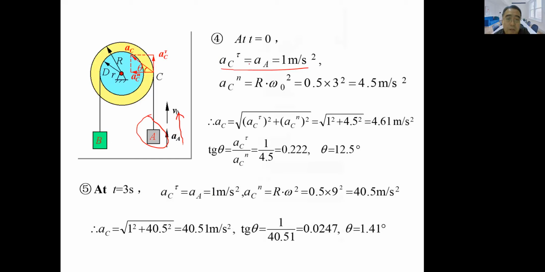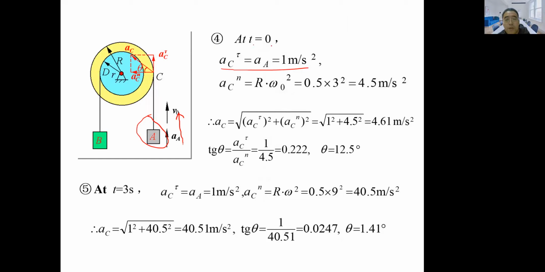But a_C^n equals omega_0 squared times r at the start, and at the finish it equals omega squared times r.